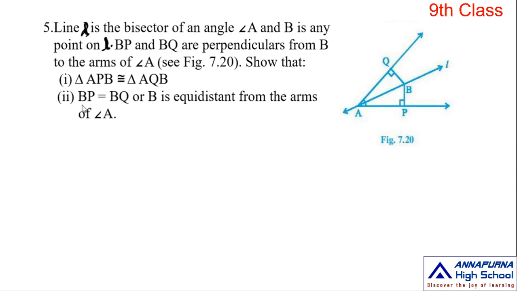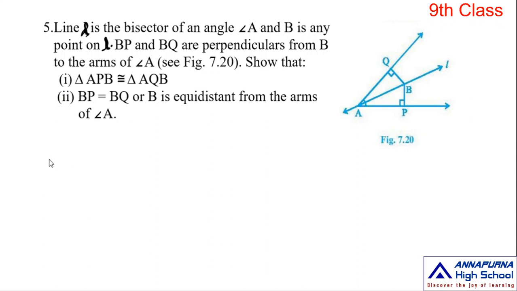We have to show two conditions. First condition, triangle APB is congruent to triangle AQB. Second condition, BP is equal to BQ, or B is equidistant from the arms of angle A.